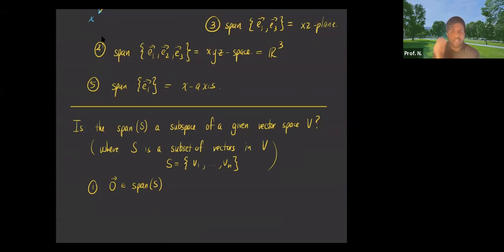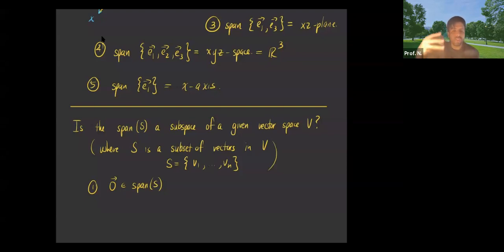If I take a certain subset of vectors in a vector space V and call that subset S, if I take the span of everything in the subset S, does this constitute a subspace of V? How do you determine whether a subset of a vector space is a subspace of that vector space?